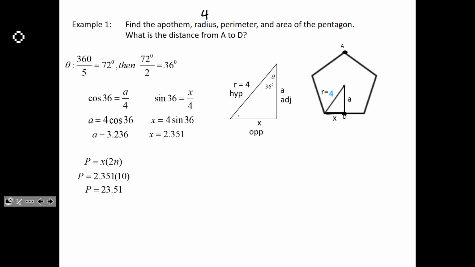Okay, so we know the apothem, we know the radius, we know the perimeter. Now we just plug in what we have so we can find the area. And what's our formula for area again? Nice. Okay, so I have 1/2 times the apothem, and we said the apothem was 3.236, times the perimeter, which we just said was 23.51. So I just need to multiply those 3 terms together.